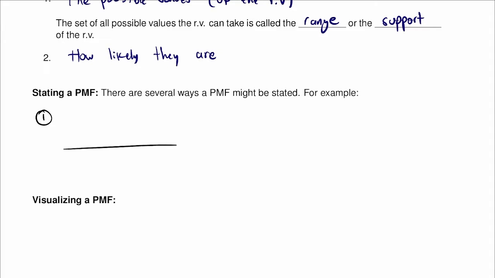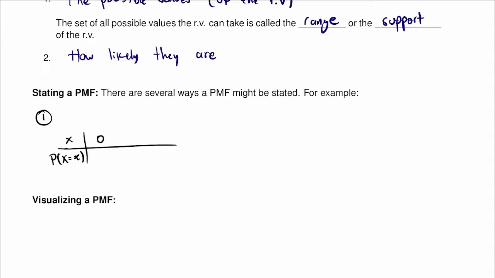The first is going to be a table of values. Here we put the numerical value x, and here we plot the probabilities that the random variable takes those values.